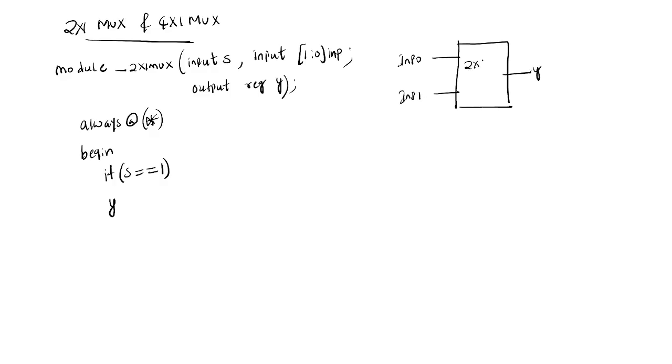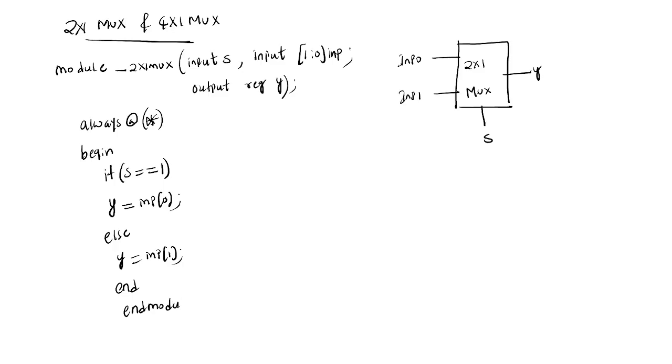This is a 2 cross 1 mux, and you have one selection line. So if s equal to 1, y is equal to inp0, else y is equal to inp1, end.